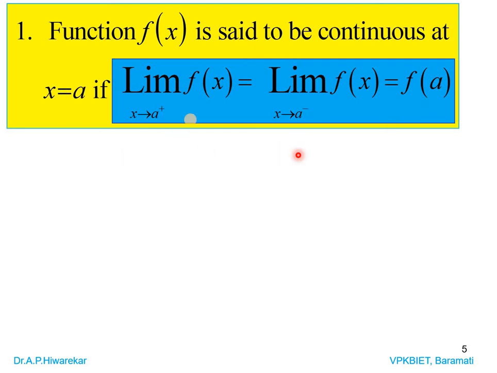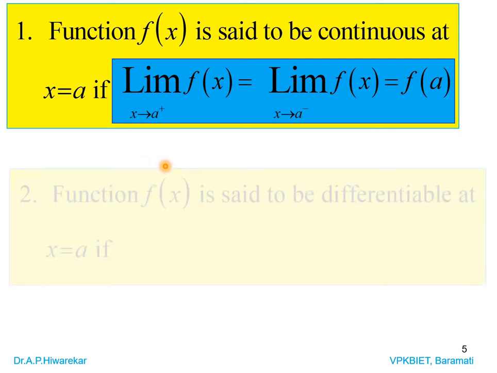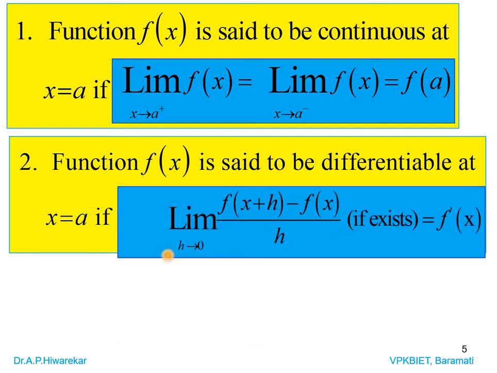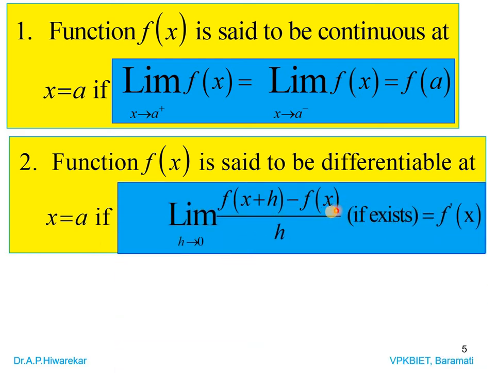This is the definition of continuity of a function at a particular point x equal to a. Then the function f(x) is said to be differentiable at x equal to a if the limit of f(x+h) minus f(x) divided by h as h tends to 0 exists, and we denote that value as f'(x). So these two definitions are required while dealing with the problems in this lecture.